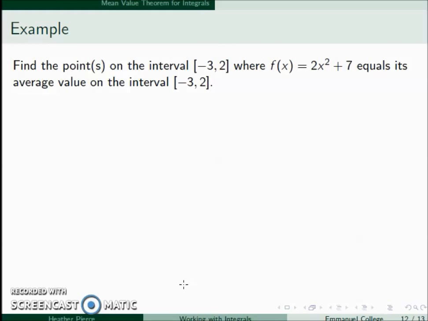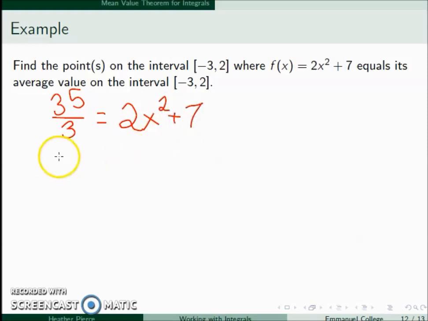So for this one, I want to find the points on this interval where the function is equal to its average value. We already found that the average value was 35 over 3. So I want to find the x value such that this function is equal to 35 over 3.